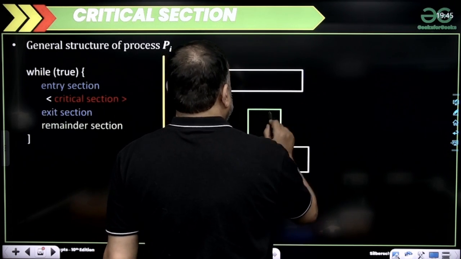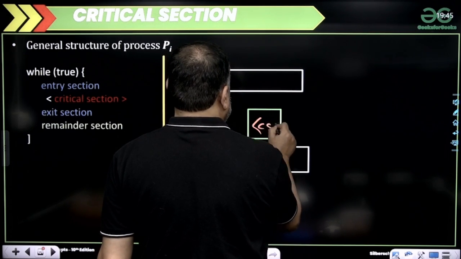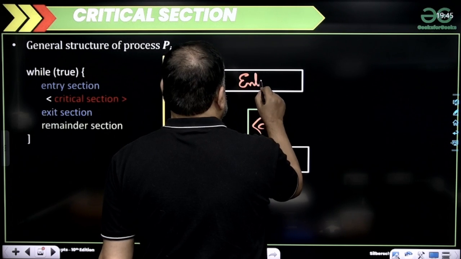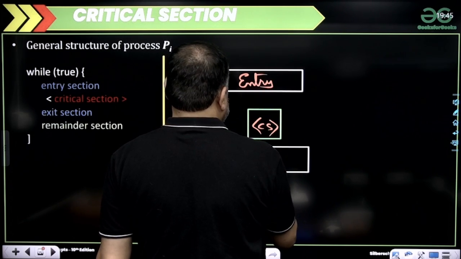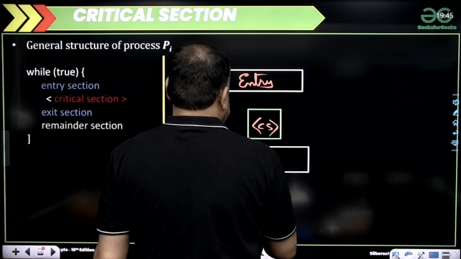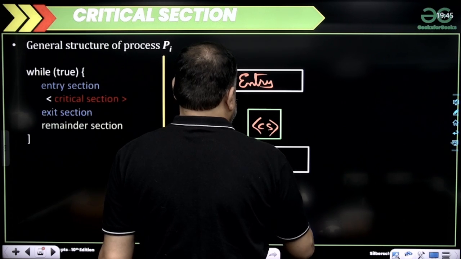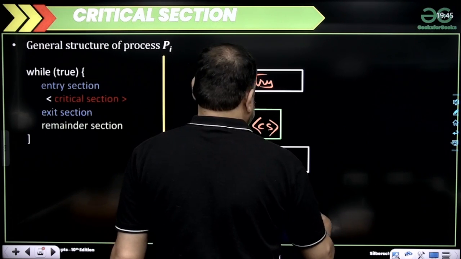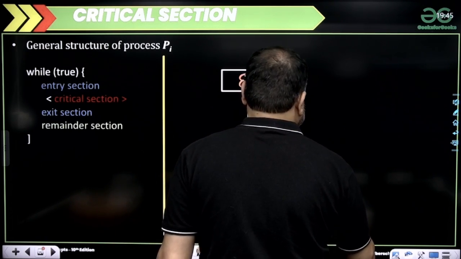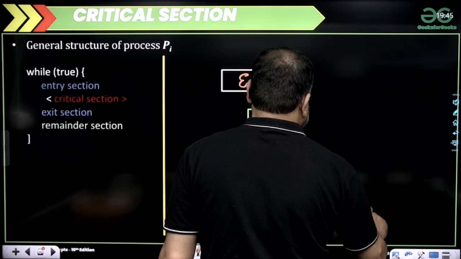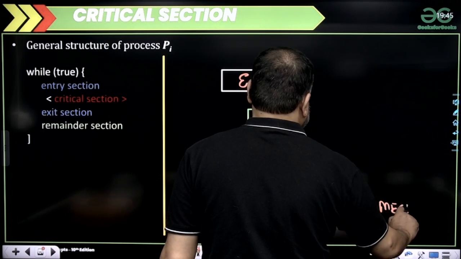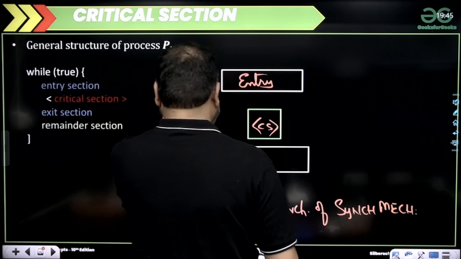Okay, so this is the critical section, this is entry, and this is exit. This is the model, or architecture, of the synchronization mechanism, the solution for my critical section problem.